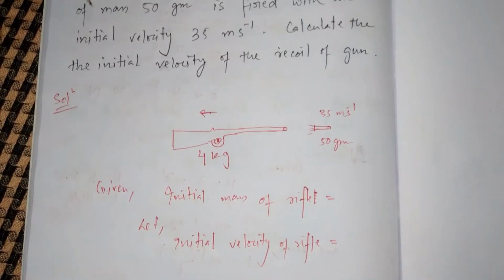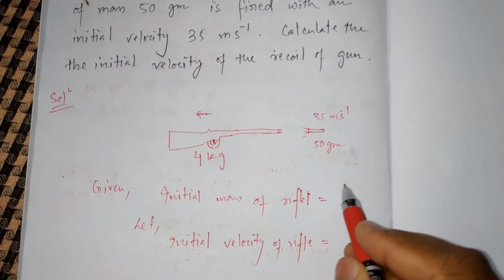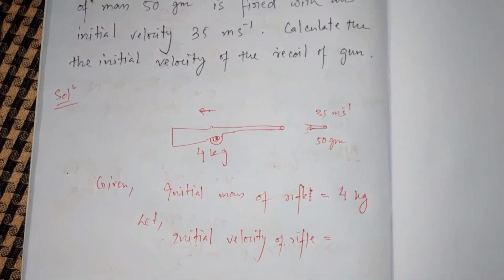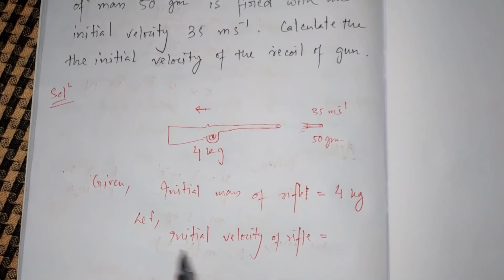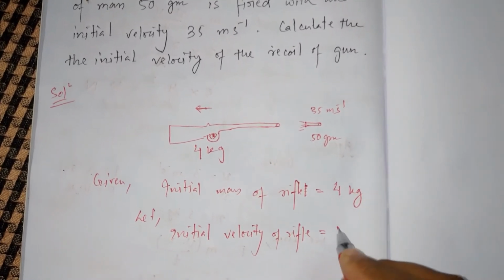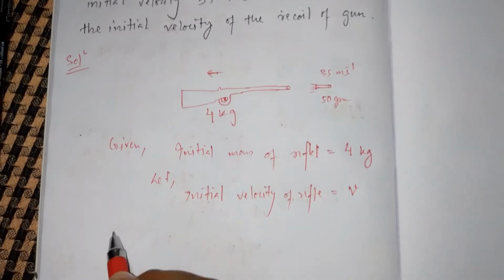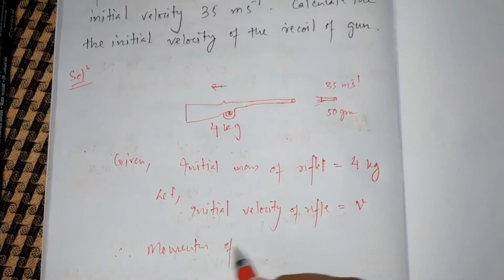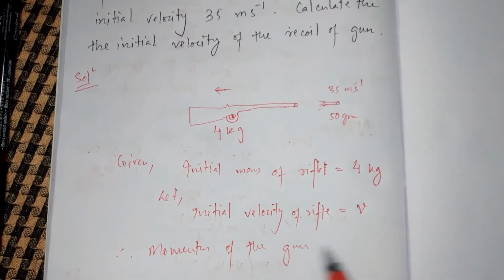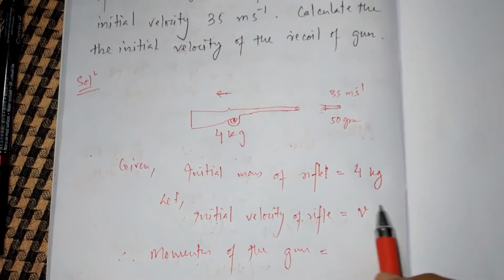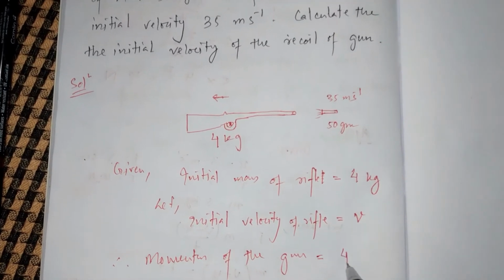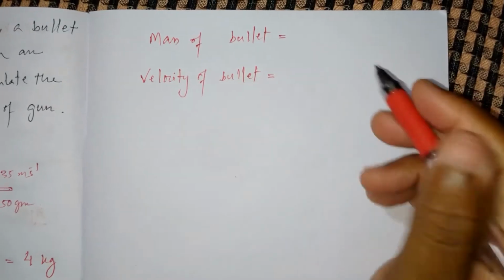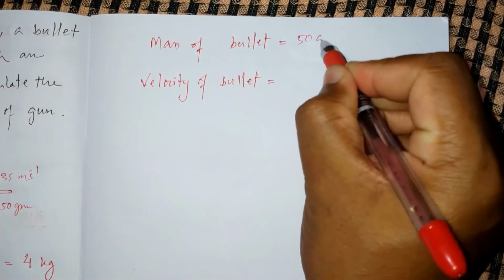Here it's given the mass of the rifle is 4 kg, as we have already in the question, and if you assume the velocity of the rifle as v, then the momentum of the gun or rifle, anything we can say, will be mass into velocity. So it will be 4 into v. Then we have mass of bullet is 50 gram. So we need to convert it into kilogram.